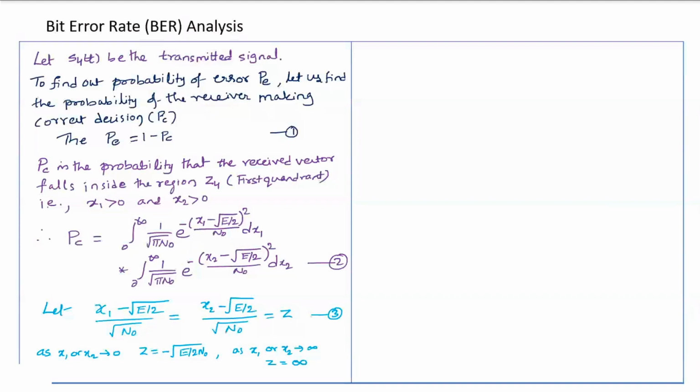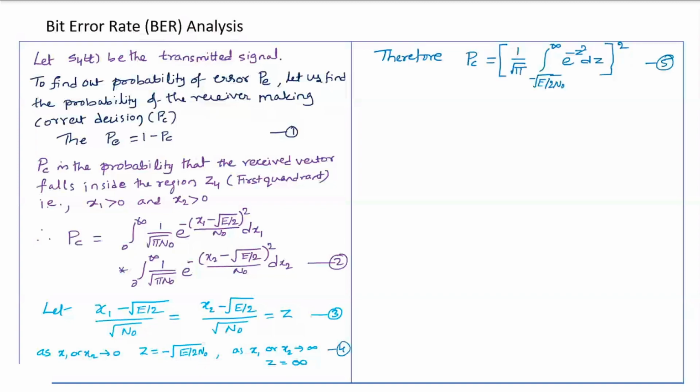Let us apply the analysis. We have seen this analysis in the past. Let (x1 minus square root of E by 2) by square root of N0 equal (x2 minus square root of E by 2) by square root of N0 equal z, one variable. As x1 or x2 tends to 0, z will tend to minus square root of E by 2N0. As x1 or x2 tends to infinity, z will tend to infinity.